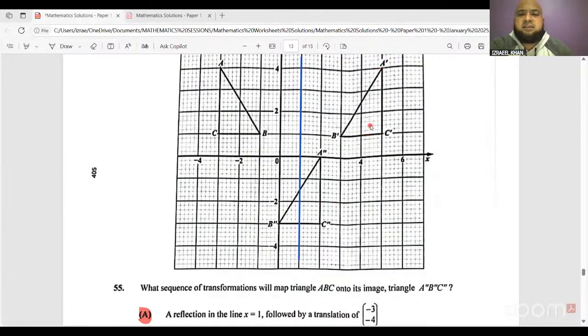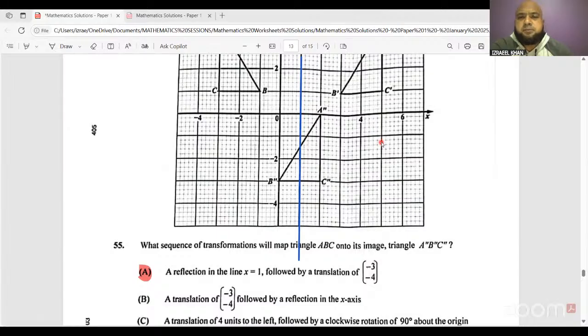Now, when you get this, how do I go from here to here? If I just pick a point like C prime and see how we get to C double prime, it went down 4 blocks, and then 3 blocks to your left. So that vector will be -4 because you're going downwards, and the 3 to your left is represented by -3.